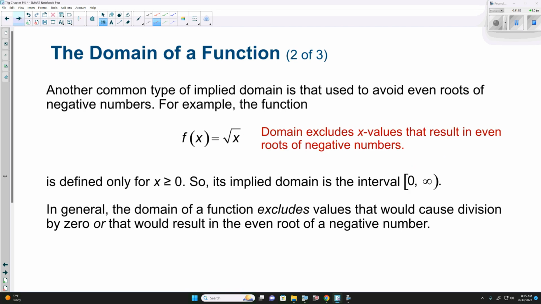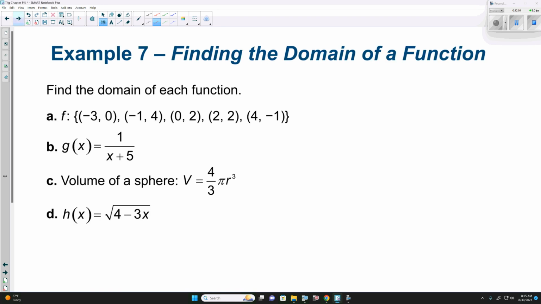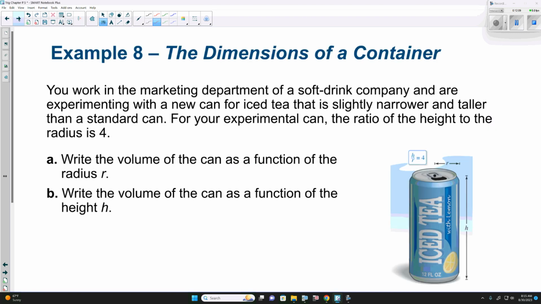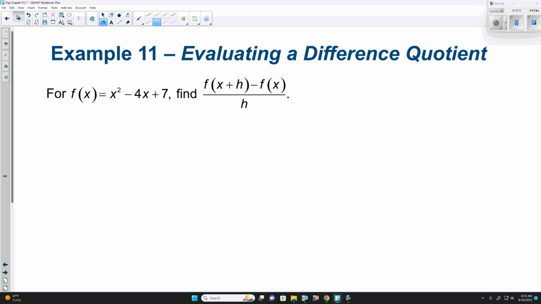And radicals, even roots, because what's inside the radical cannot be negative. It can be 0, it just cannot be negative. So we have to remove those from the domain. But I'm not going to be too focused on those.